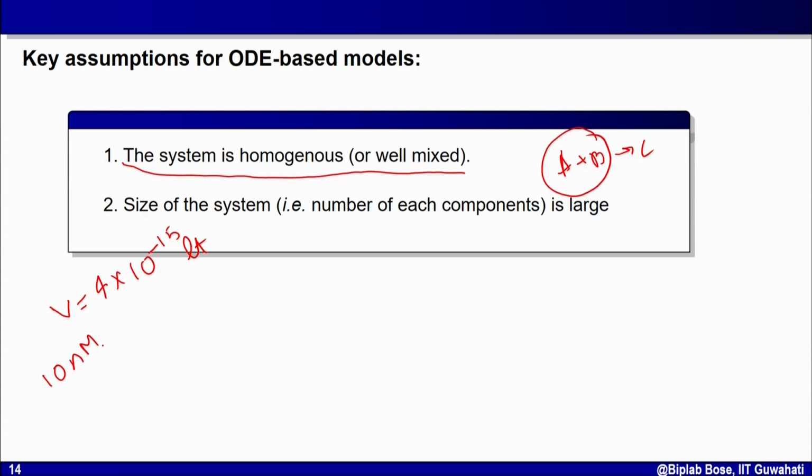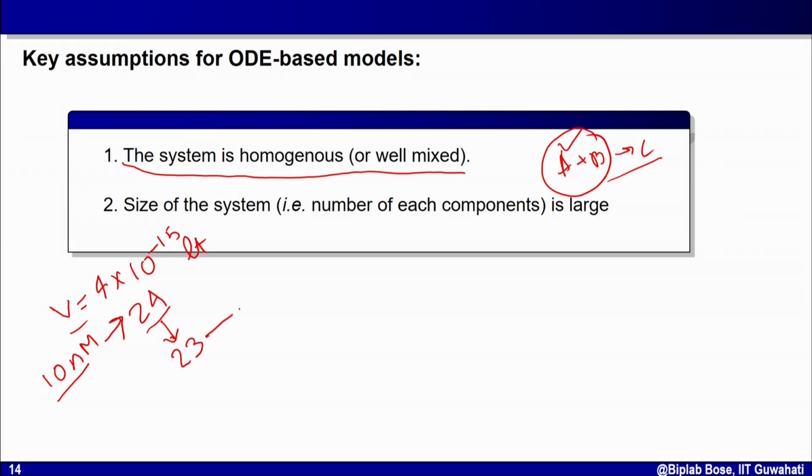If you use the Avogadro number and the volume of 4 into 10 to the minus 15 liter, 10 nanomolar means essentially 24 molecules. So inside a cell of 4 into 10 to the minus 15 liter volume, I have 24 molecules. Now suppose by this reaction A plus B giving rise to C, one molecule of A is used up. So that becomes 23 molecules.